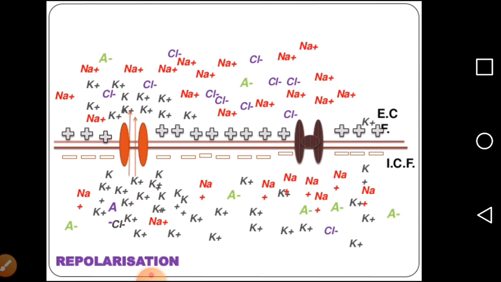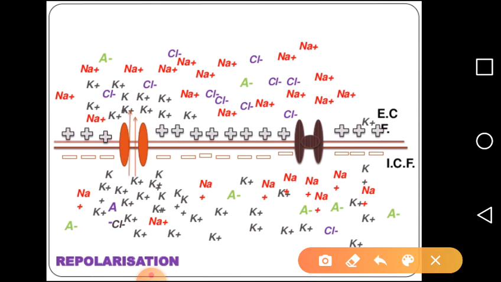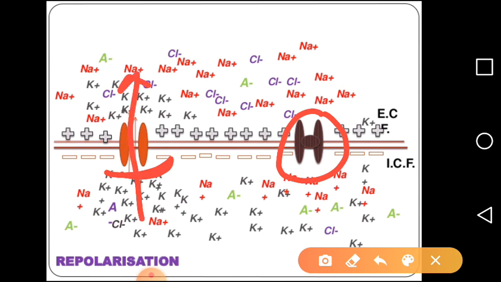Let's visualize how it happens. Okay, so you can see that this was the sodium channel and it has been closed by a protein, and this is the potassium channel and it is still open, and this is causing efflux of potassium ions, which means that potassium ions are moving outside.